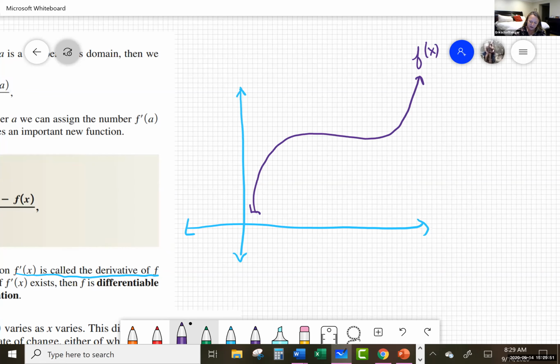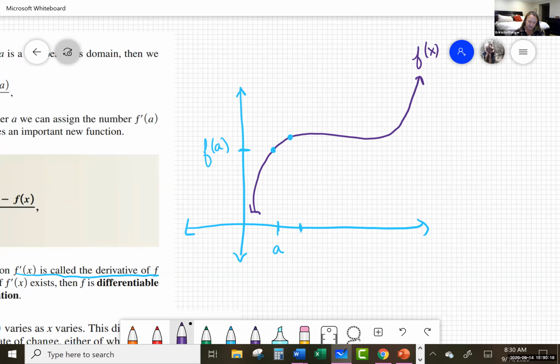And if we choose some value x equals a, so anywhere on the graph, I don't know where I want to go, how about right here? So when x equals a, this is your f of a value. This is your y value when x is a. And so what we're doing is we're choosing some other point on the graph. So let's say right here for now, which is a distance here of h.